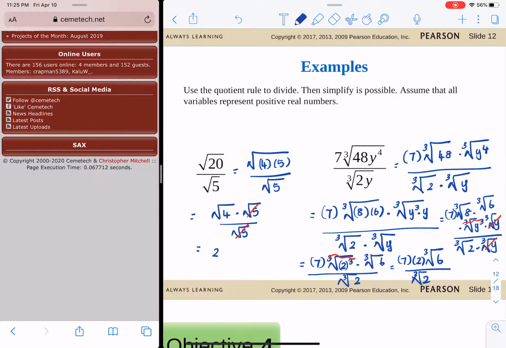Since we have division, we should ask the question, could we simplify things further? So we have 7 times 2, which I could write as 14. The denominator is cube root of 2. Is it possible for us to get a cube root of 2 in the numerator? It is feasible, because I could write cube root of 6 as cube root of 2 times 3.